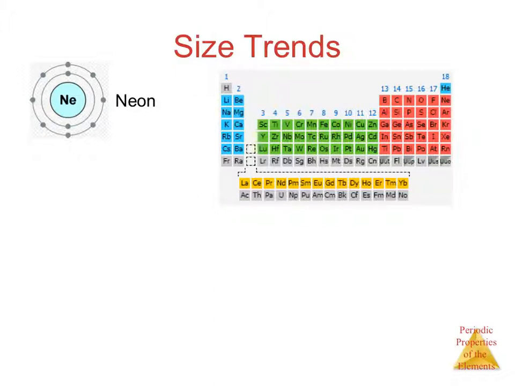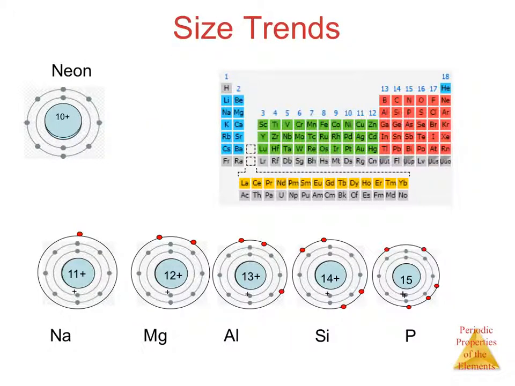In order to talk about size, let's think of a specific example. Let's imagine we're starting with a neon atom, and the neon atom is going to be right here. Let's take a look at building a series of atoms in the third period using neon as the core. Neon has 10 protons in its nucleus, and it's got 10 electrons.